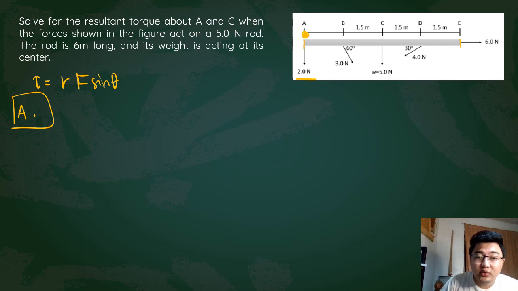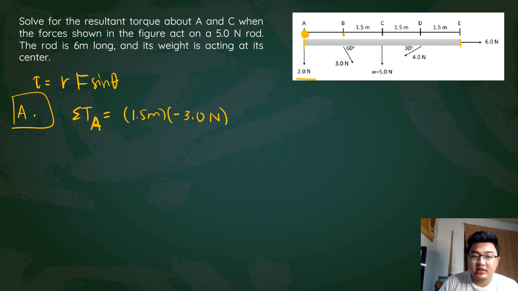So to solve for the total torque, or the resultant torque, at point A, first, of course, is the force exerted at point B, and the distance between the axis of rotation and B is 1.5 meters, times the force acting on that part for point B. That will be negative 3.0 newtons sine 60 degrees.